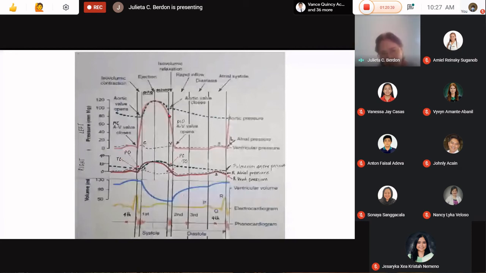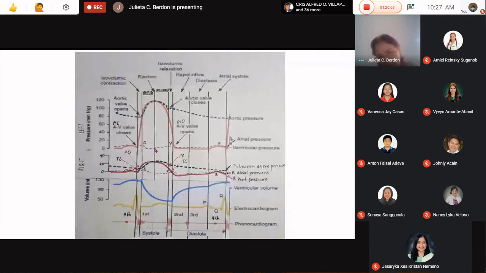And we notice here in the atria, pressure keeps increasing, blood keeps accumulating. The blood coming from the lungs keeps accumulating. So now atrial pressure increases.